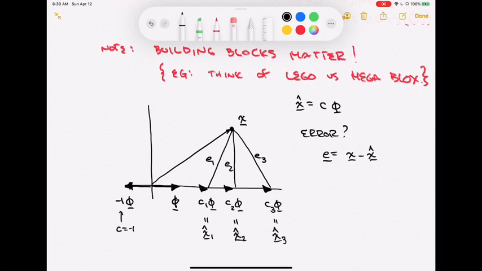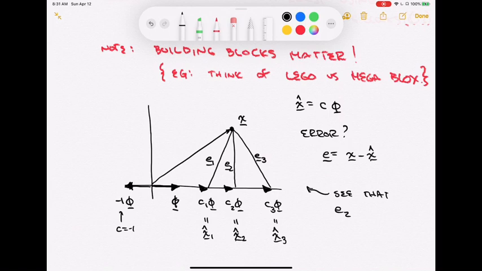Which of those errors ends up having the smallest size, the smallest length in this particular case? I think length is a good measure of goodness here, right? If I had an error that was 0, that means that my estimate would be exactly equal to the thing that I was interested in. Clearly, error 2 is smallest of all those three that I did.